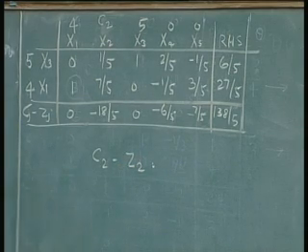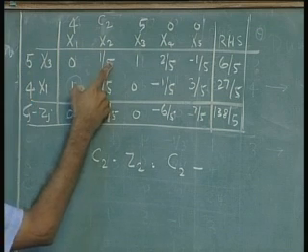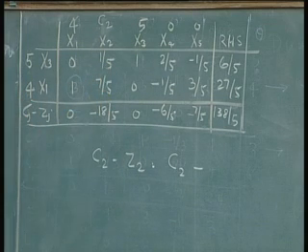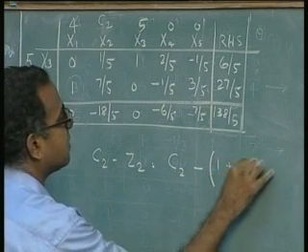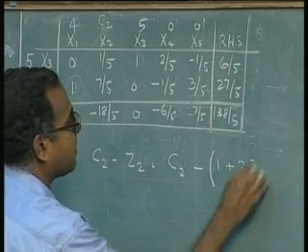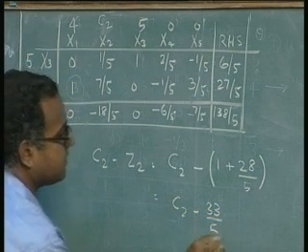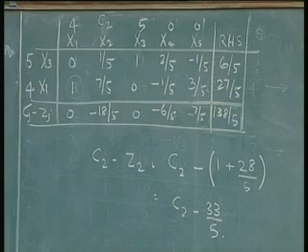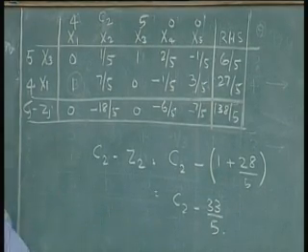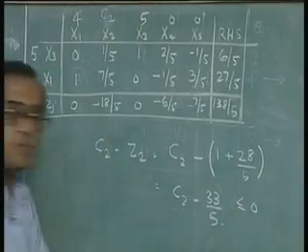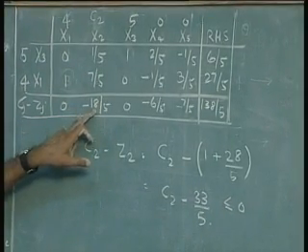So, C2 minus Z2 will become C2 minus (5 into 1 by 5, minus 1 plus 4 into 7 by 5, 28 by 5). So, minus 1 plus 28 by 5, this is C2 minus 33 by 5. As long as C2 minus 33 by 5 is less than or equal to 0, the present solution will be optimal because this quantity will be negative.